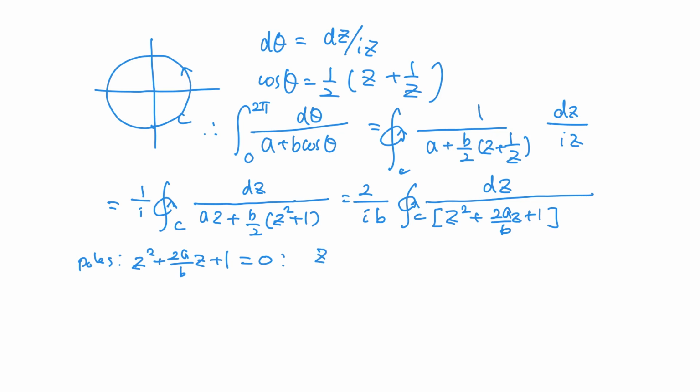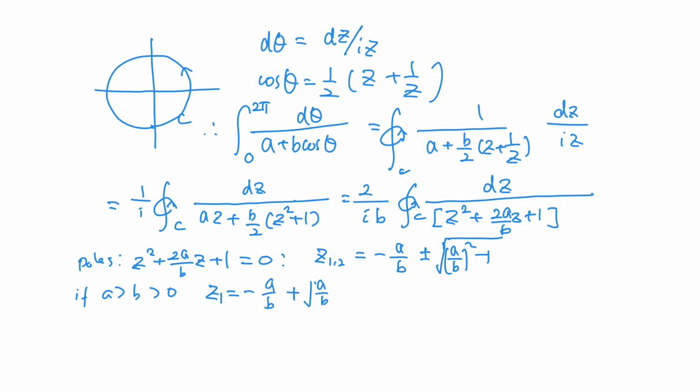So z1, z2 equals minus a over b plus or minus the square root of a over b squared minus 1. So assuming that a and b are positive, z1 is minus a over b plus the root, and z2 is minus a over b minus the root.